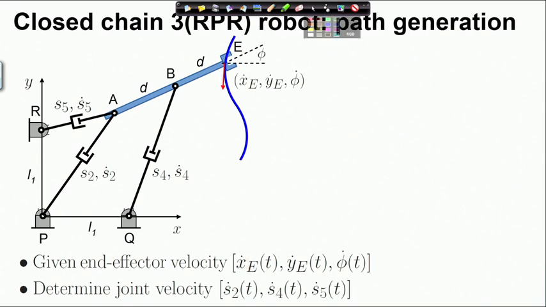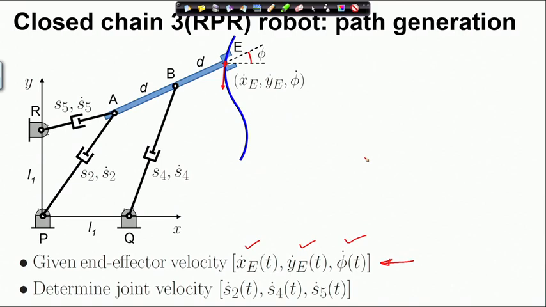We are specified the velocity of the end effector point, the velocity trajectory of the end effector point through x e dot, y e dot and phi dot. So, phi is the orientation angle and x e and y e are the positional coordinates in the ground based Cartesian coordinate system.